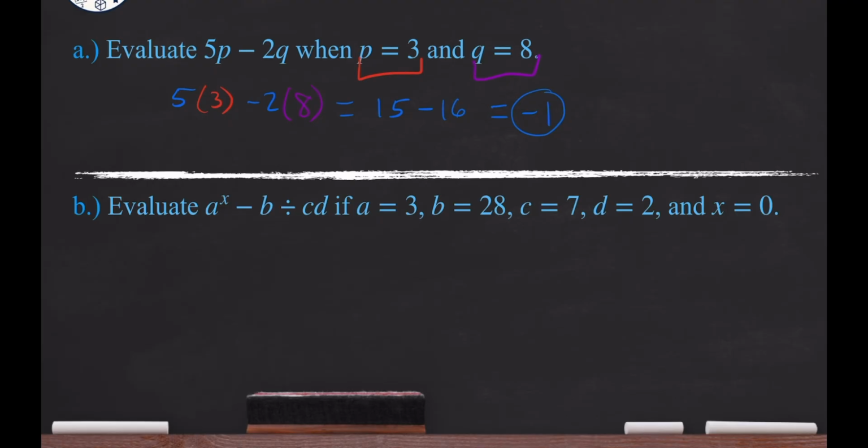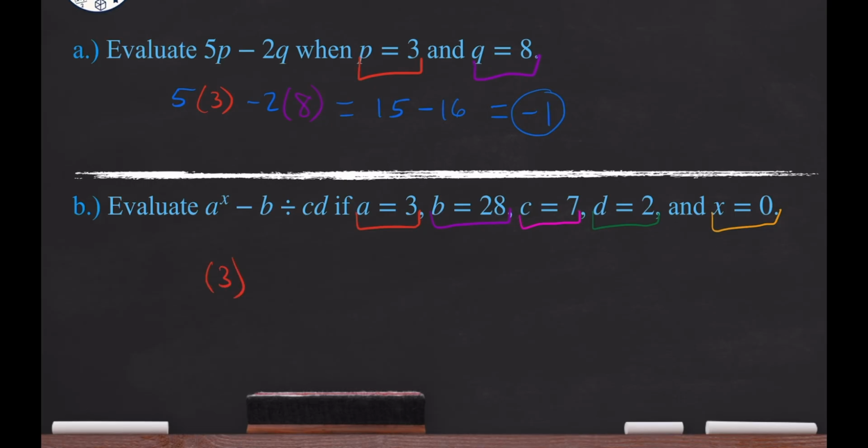If we know that a is 3, b is 28, c is 7, d is 2, and that x is 0, then what would be the expression evaluated? So what we're going to do, we're going to take each of those values and put it in place of the variables. We say that a is 3, so let's plug that in.